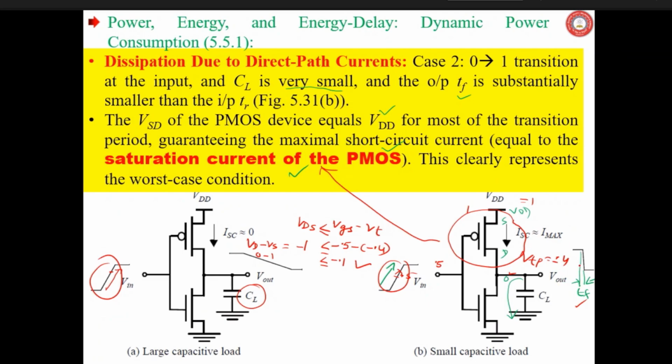So here it is going to discharge very quickly. So TF will be very small compared to TR. The VSD of the PMOS device equals VDD for most of the time, guaranteeing the maximal short circuit current equal to the saturation current of the PMOSFET. This clearly represents the worst case condition. Understood? ISC is Imax.